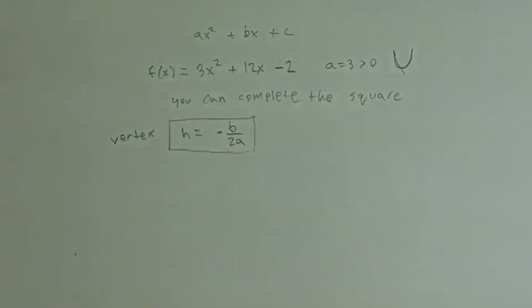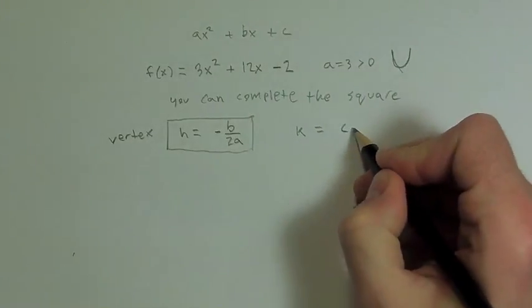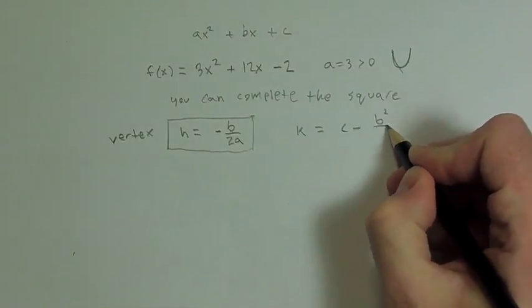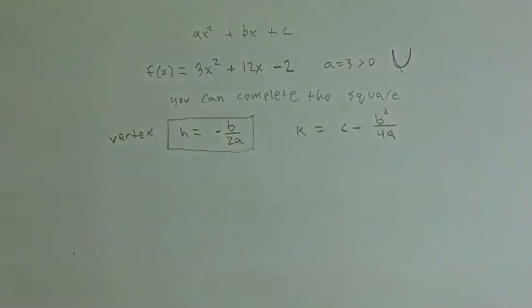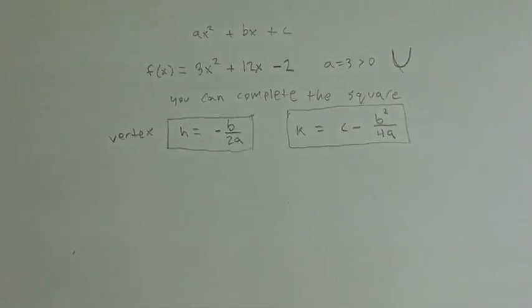Okay? And our k, the y coordinate, is going to be c minus b squared over 4a. So they're very familiar, or kind of similar formulas.